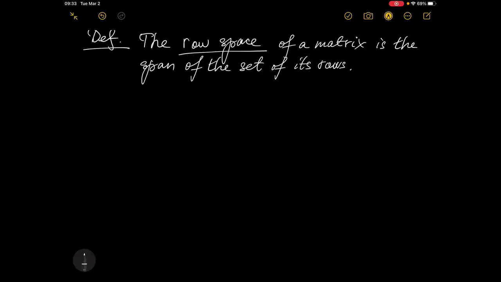In other words, the row space of a matrix is all possible linear combinations of rows of the matrix, right? So this is more or less what the span is. The row rank is the dimension of this space.